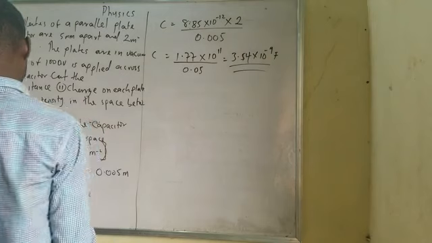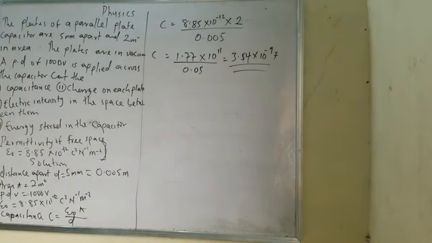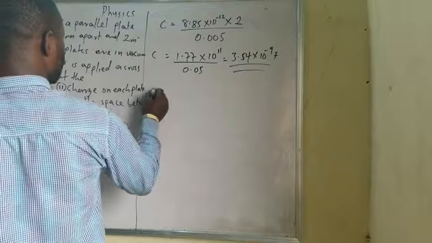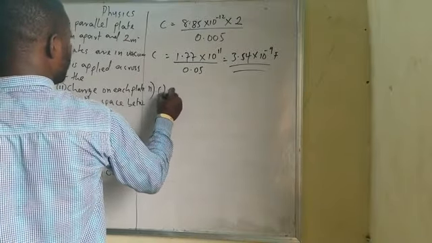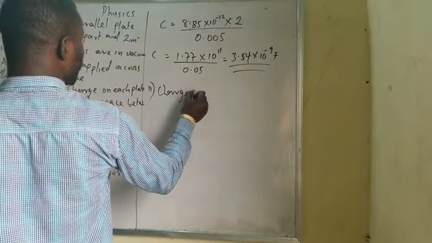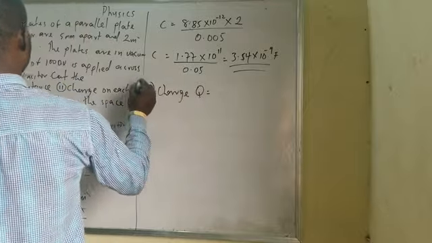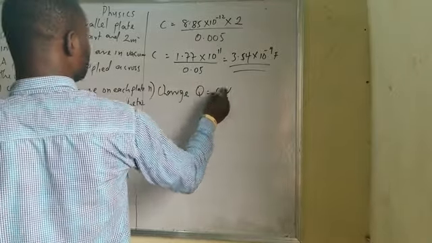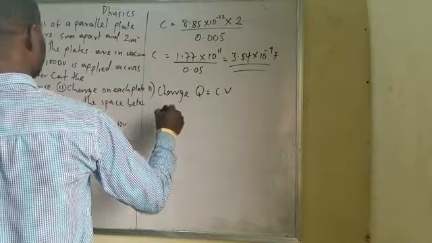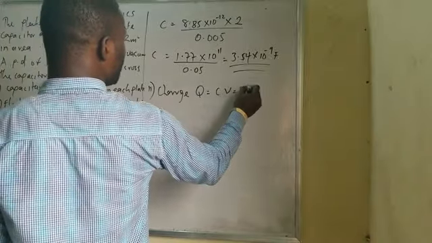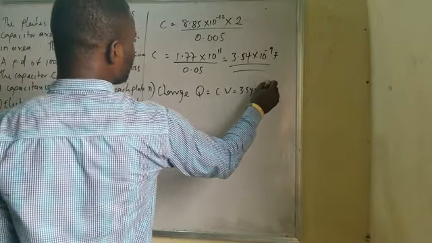Now, the next one, I'm asked to find the charge on each plate. Number 2, my charge, which I call Q, will be equal to CV. We know my C is 3.54 multiplied by 10 raised to the power minus 9.